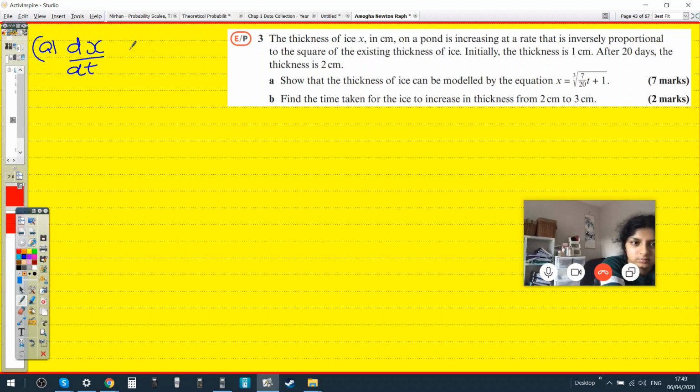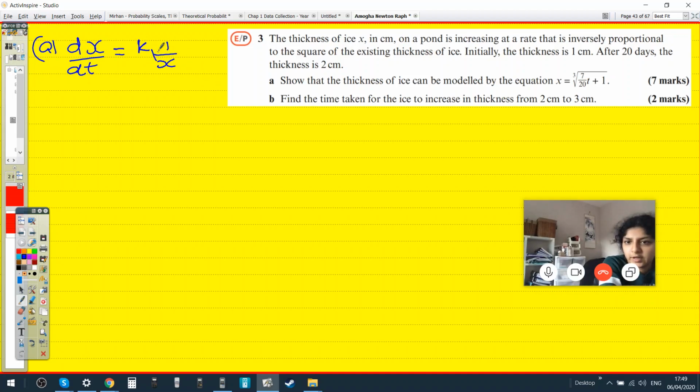This increasing is inversely proportional to the square of the existing thickness of ice. So the thickness of ice is x. So that will be equal to k times 1 over x.